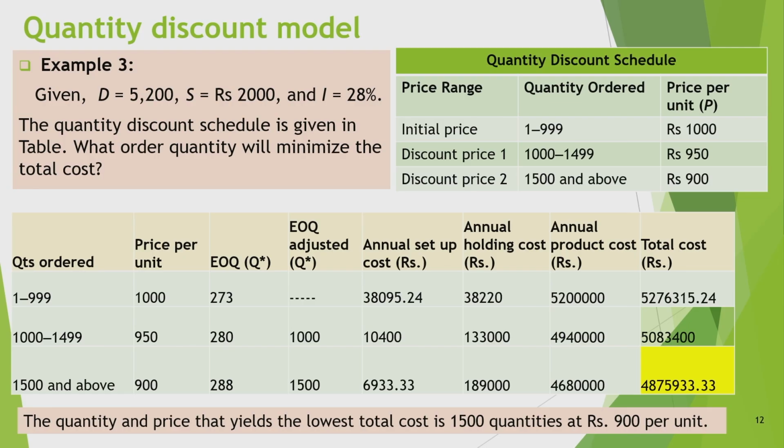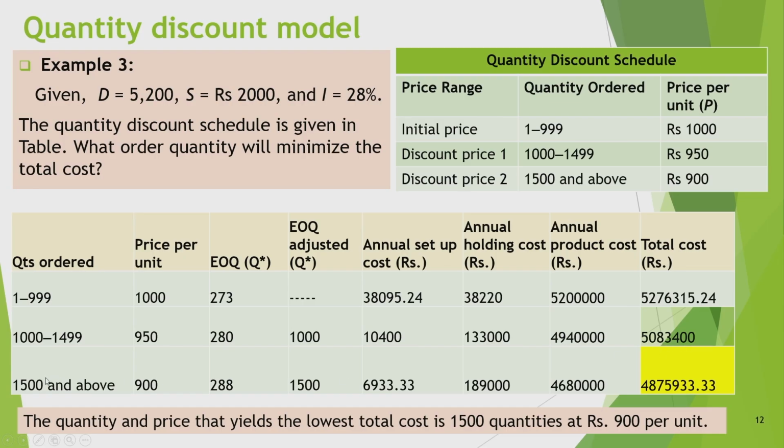But if I want to take the discount of price 1, the economic order quantity comes out to be 280, but I cannot do that, so I have to order a minimum of 1000, and then I do the calculation.